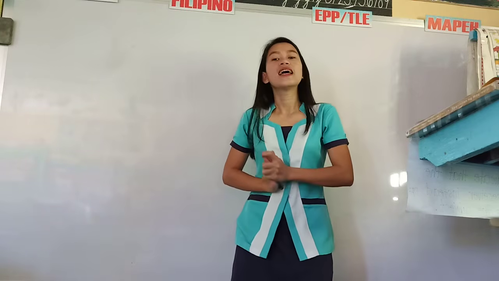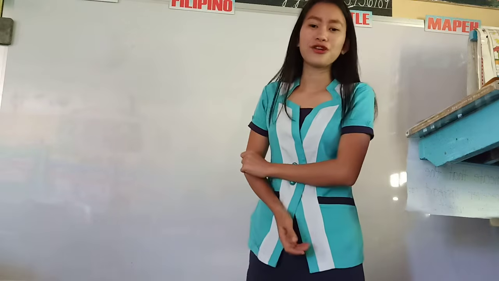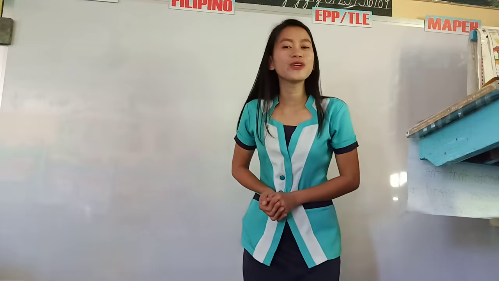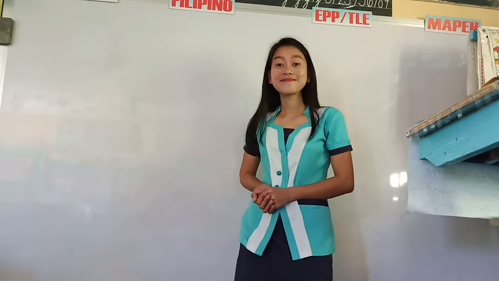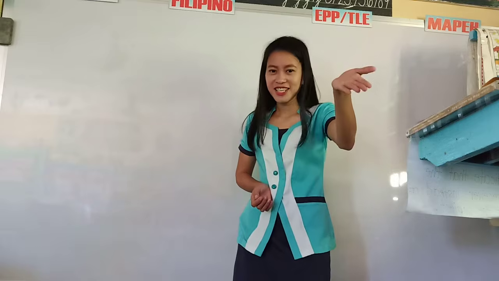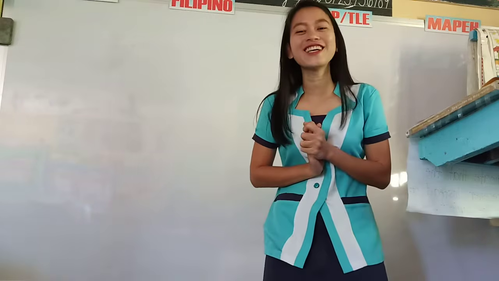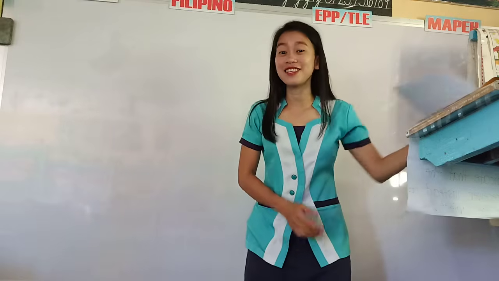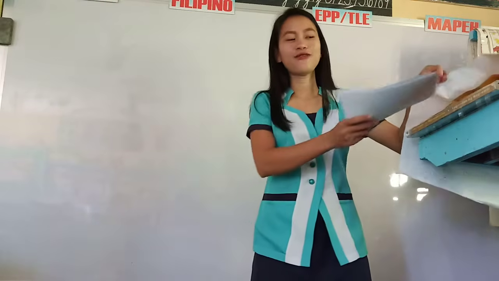Good job. Now, based on the activity that we did earlier, what do you think is the topic that we're going to discuss today? Yes, Freddie? Very good, Freddie. Our topic for today is all about active and passive voice.